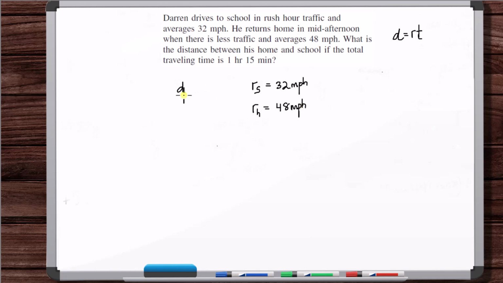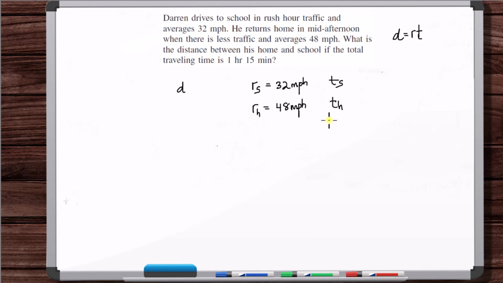Okay, now we're trying to solve for D, and what else does it give us? The total traveling time. So the total going to school and coming home, the total traveling time. So that's another equation. We'll have time school, time home.